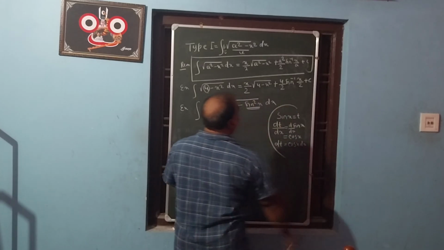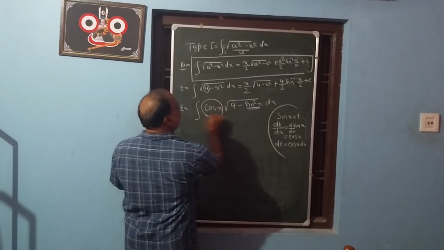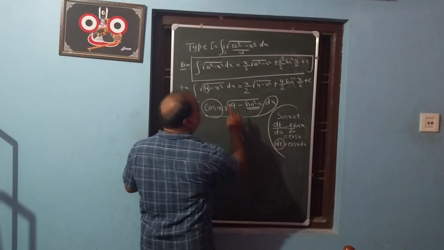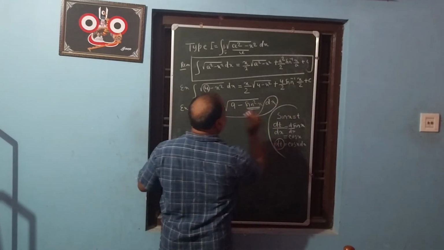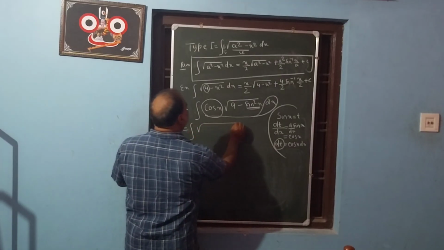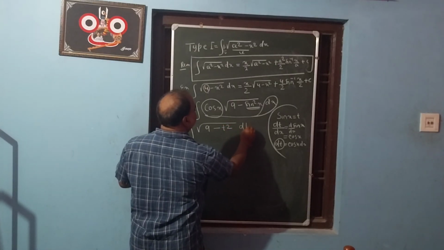Now this integral becomes, in place of cos x dx we put dt, and in place of sin x we put t. So we get integration of root over 9 minus t square into dt.